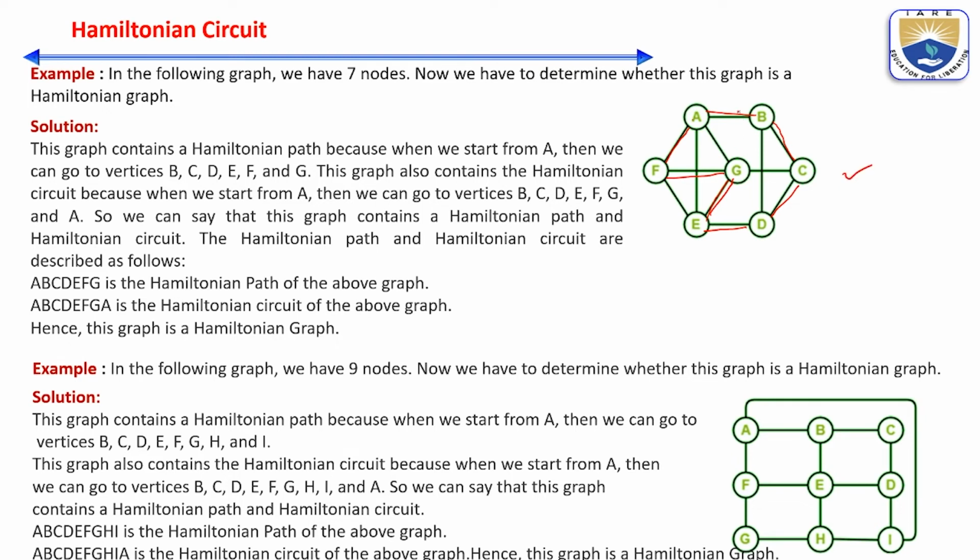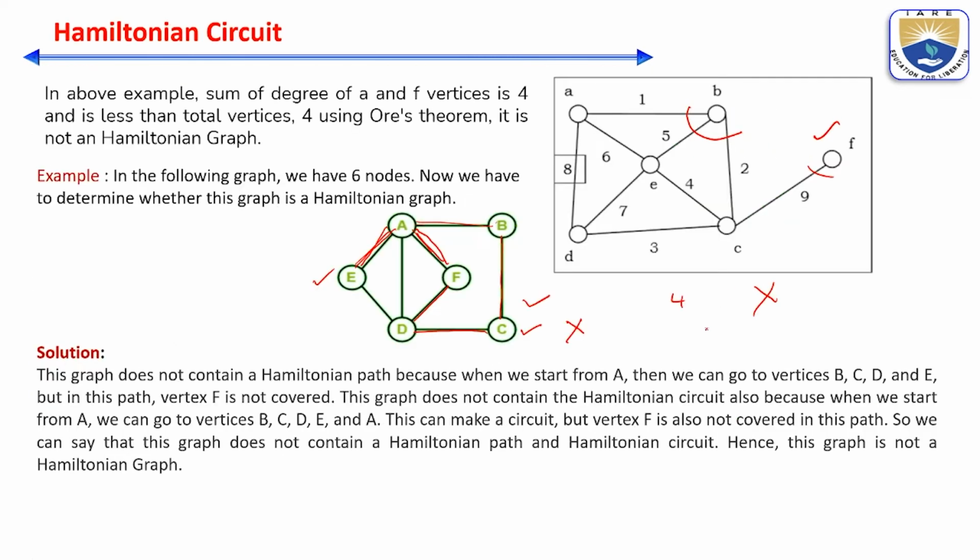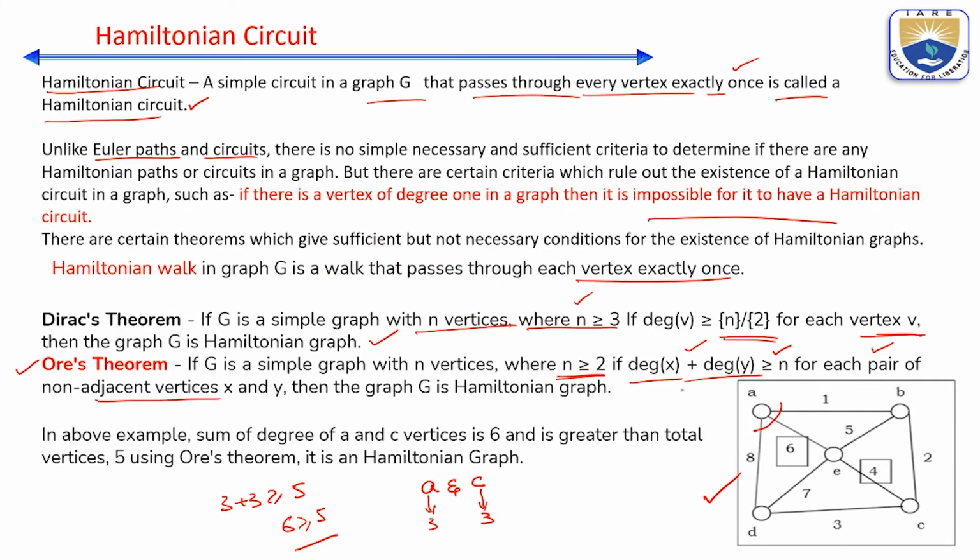Or else we can consider the non-adjacent vertices, let us say B and F. The degrees sum to 6, but there are 7 vertices.